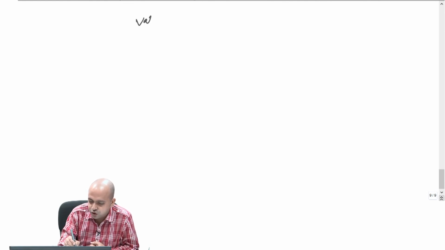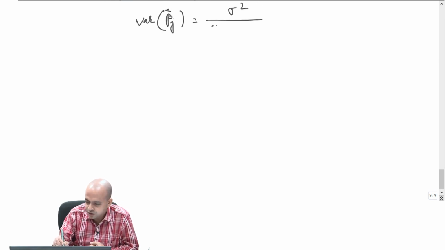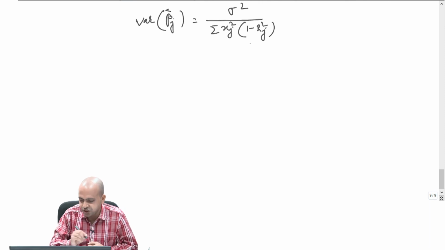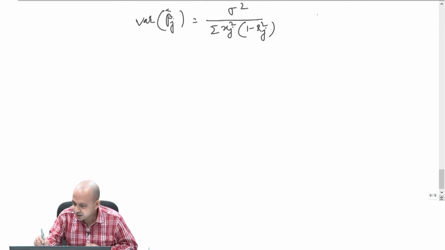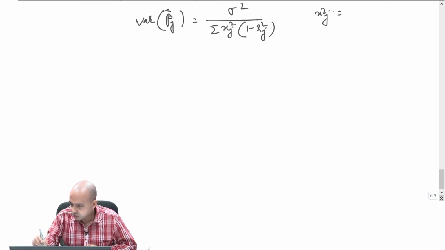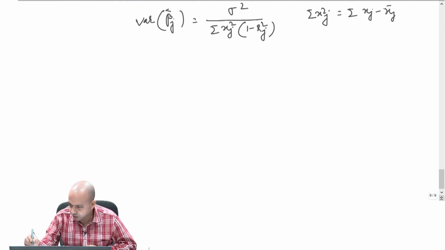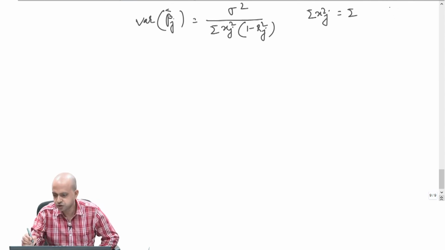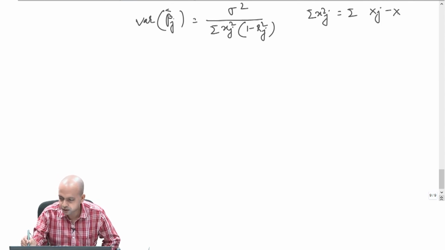Let us see, this is the variance of beta hat j. This equals sigma square divided by summation x j square times 1 minus R square j. And what is x square j? This is the summation of xj minus xj bar, whole square.